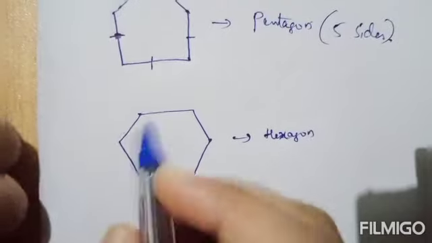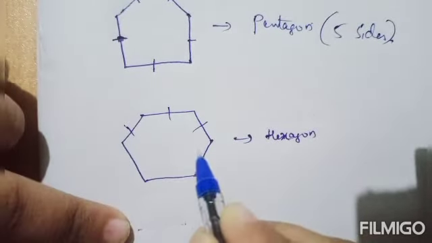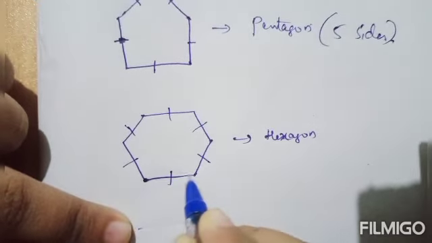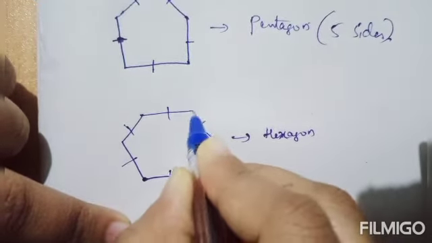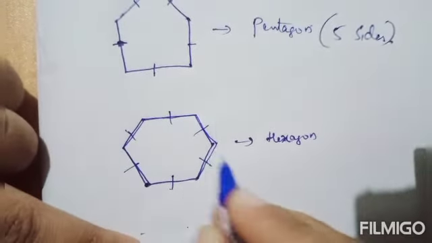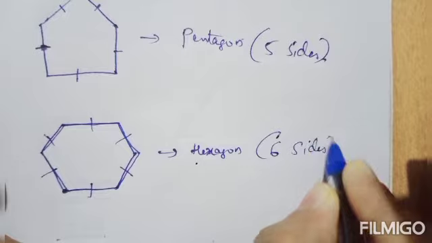Now, if a closed figure has 6 sides, you can see here, this is 1, 2, 3, 4, 5, 6. If a closed figure has 6 sides, it is a hexagon.